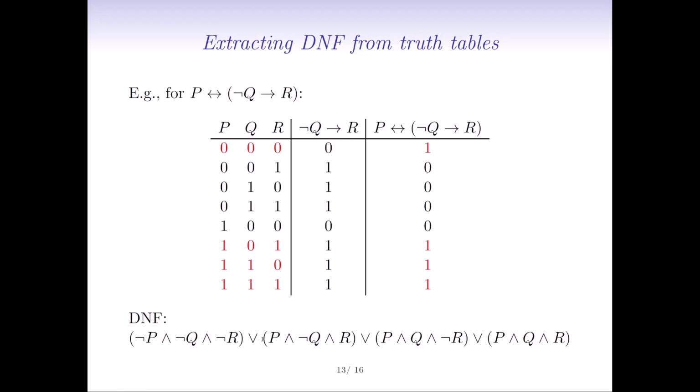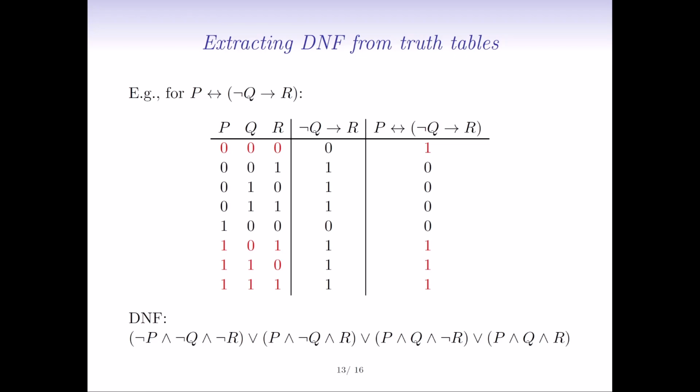Or, second possibility, P and not Q and R. Or P and Q and not R. That's the second to last line of the table. Or P and Q and R. So you'll see that this is indeed a DNF formula. It is a disjunction of conjunctions where every conjunction is either a proposition letter or its negation.